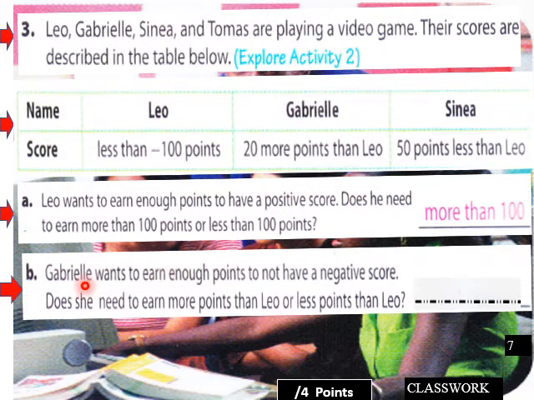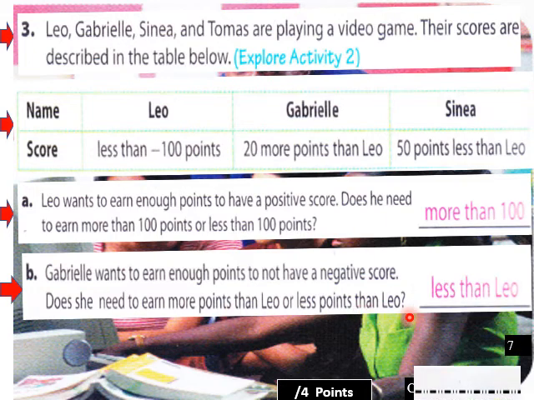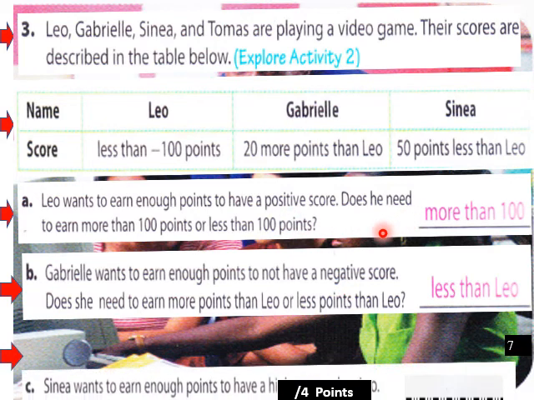And then Gabrielle wants to earn enough points to not have a negative score. Gabrielle, which is 20 more points than Leo, which would be what? Does she need to earn more points than Leo or less points than Leo? Less than Leo. I mean, she could earn 80 and be ahead. 85, something like that. Leo needs at least 100, 105.